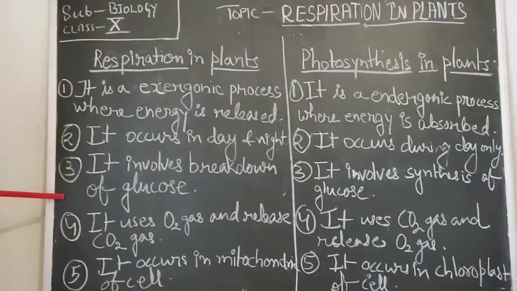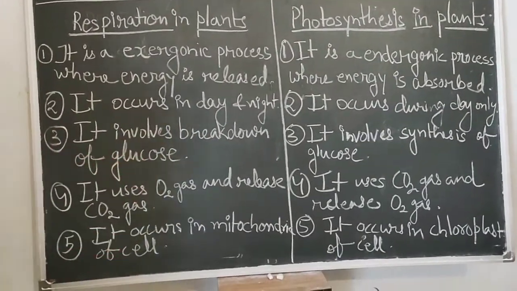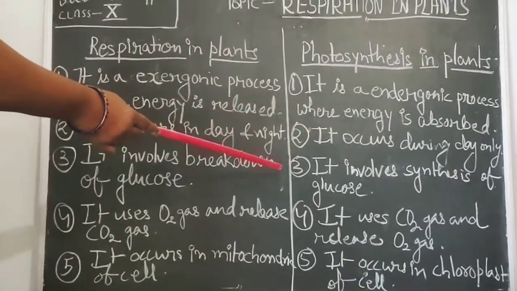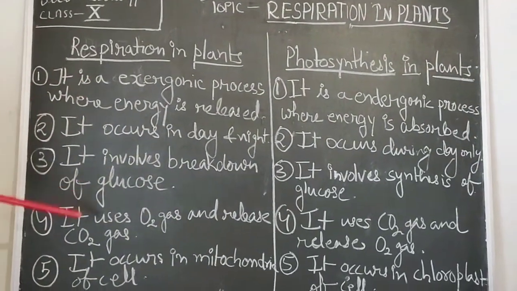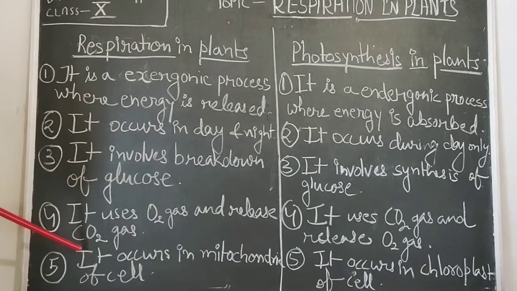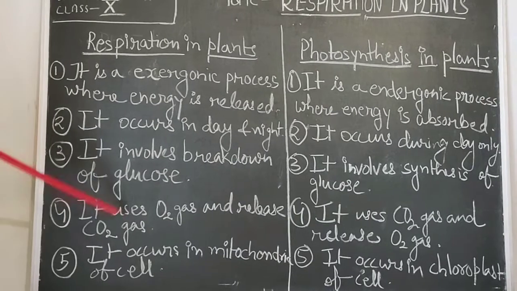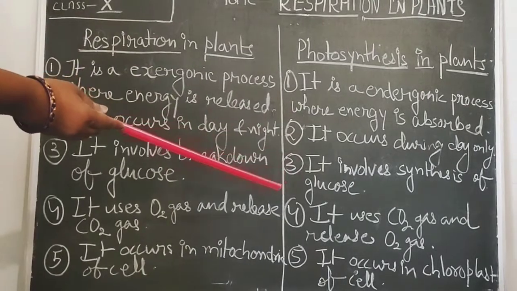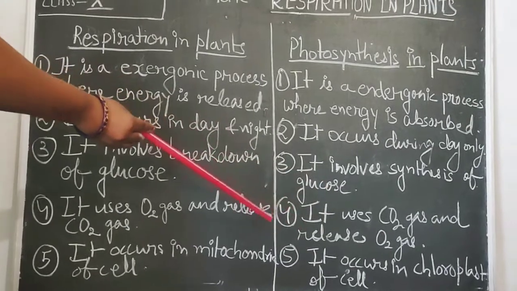Thirdly, the respiration process involves the breakdown of glucose, whereas in photosynthesis glucose is formed, it is synthesized. Now the fourth point of difference is that the respiration process uses oxygen gas and releases carbon dioxide, which is just opposite of photosynthesis, because in photosynthesis plants use carbon dioxide and release oxygen gas.